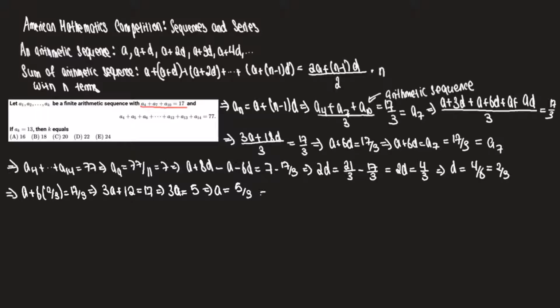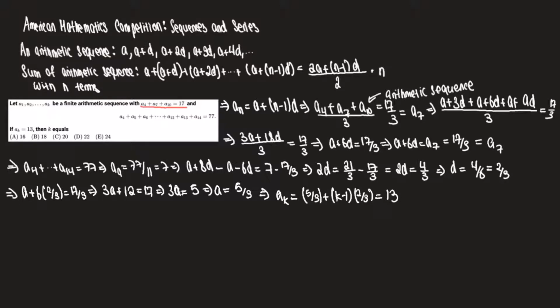Alright, so now that we got A and we got D, we can solve for AK now. So AK equals A, which is 5 thirds, plus K minus 1 times 2 thirds, which is D. This is equal to 13.